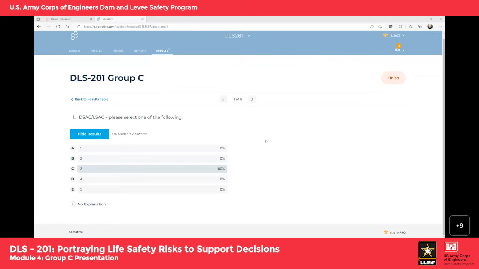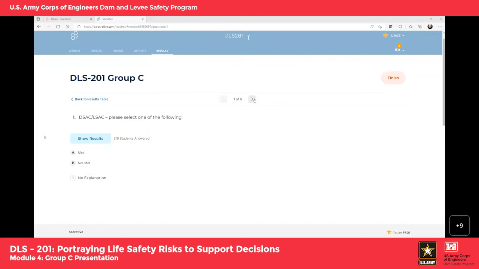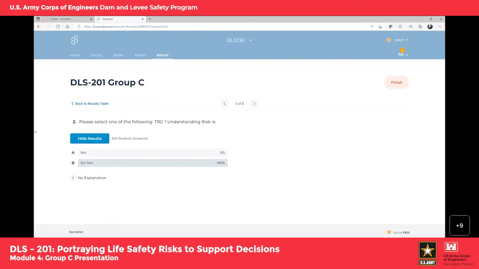All right, let's go to TRG1. All right, so we have unanimously not met for TRG1. So this is another interesting one.